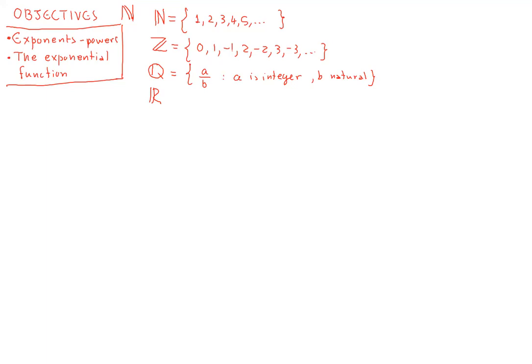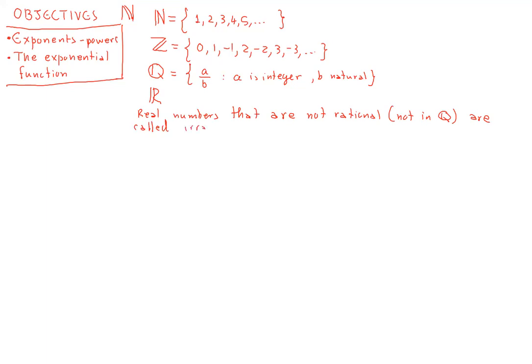And let's specify that real numbers that are not rational, are not fractions, in other words, with integer numerator and denominator, not in Q, in other words, are called irrational.